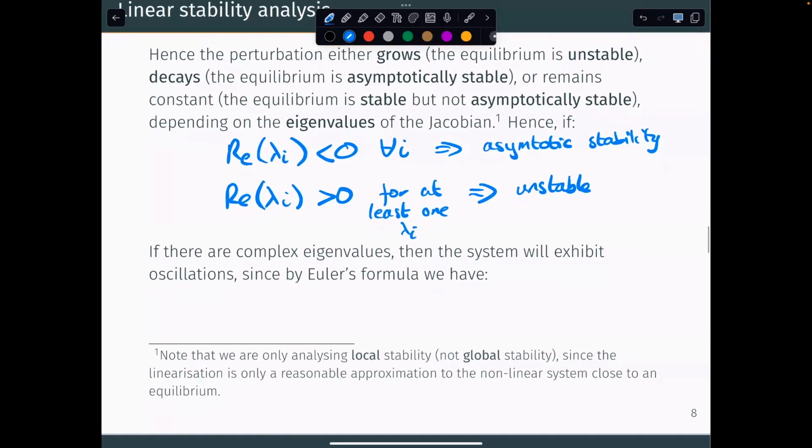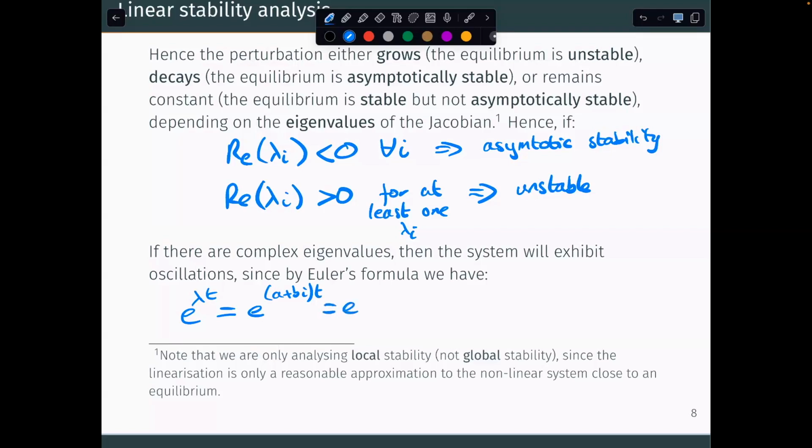Note that I've been talking about the real parts. If we do have complex eigenvalues, the stability is just determined by the real parts in the case of, is it stable or unstable? But by Euler's formula, we can also see that, I'll just do it for the case of one eigenvalue here, lambda, e to the lambda t could be written as e to the a plus bi times t, if lambda is complex. a and b are just going to be real constants here, and i is imaginary.